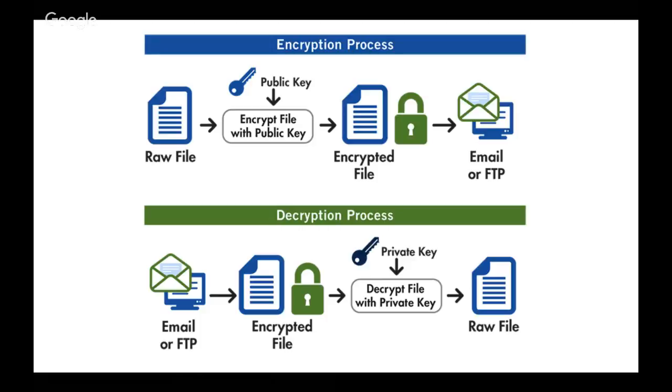I send you my public key, and then you use that to encrypt your random key. And then you send both the information you've encrypted, your hello message, and the encrypted random key to me. And then I use my private key to decrypt your random key, and then I use your random key to decrypt the data. So you can see how this is a little bit more secure than the methods we were talking about earlier that just have the one encryption key. And this is a little bit of a graphic on how that works.